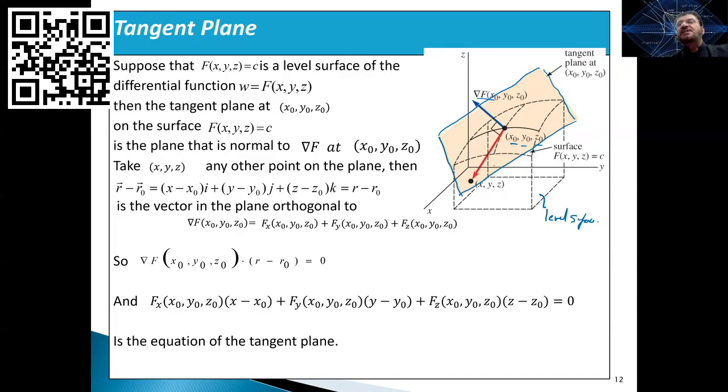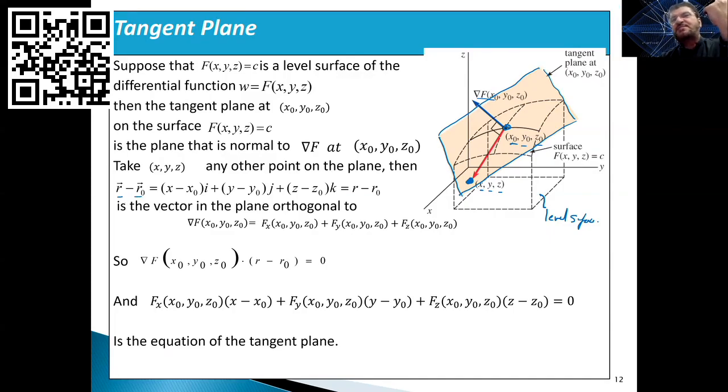Okay. Let's take any other point, here it is, (x, y, z) on the plane, guys, on the plane. And I'm going to connect it with this red arrow. You see this arrow? It's the arrow that goes from this point to this point. And this arrow is r minus r naught, which is p minus p naught.